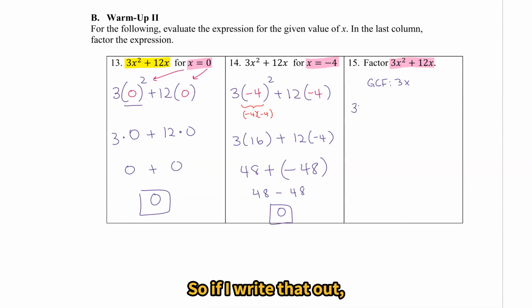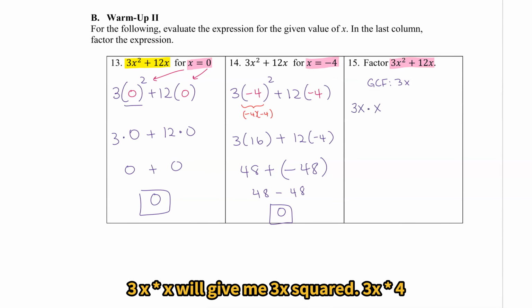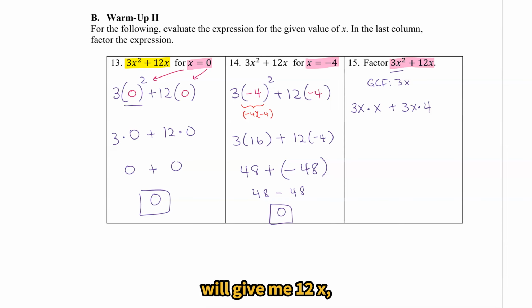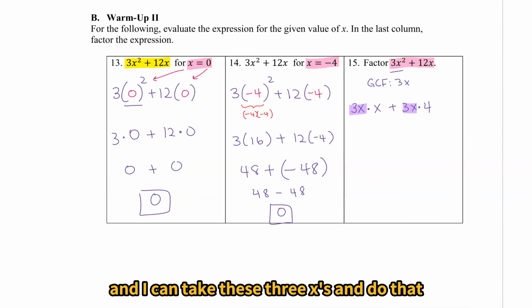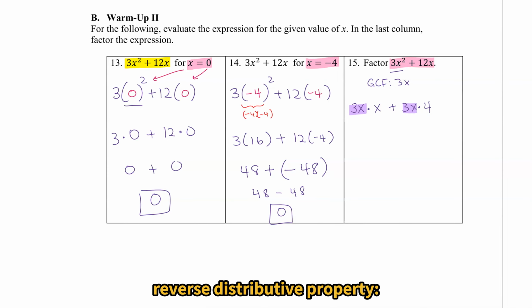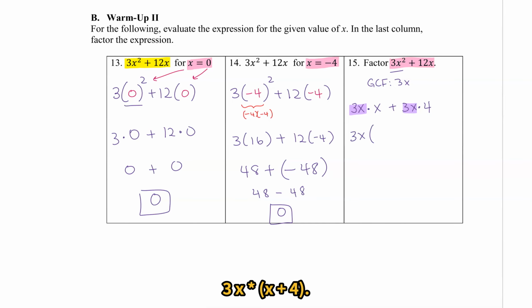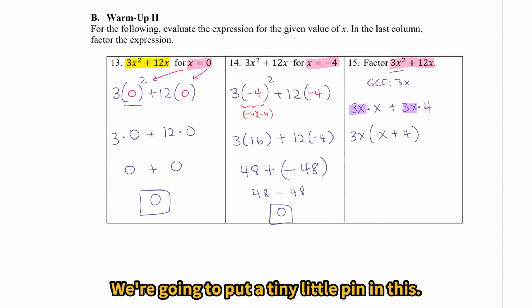So if I write that out, 3x times x will give me 3x squared. 3x times 4 will give me 12x. And I can take these 3x's and do that reverse distributive property, 3x times (x plus 4). We're going to put a tiny little pin in this.